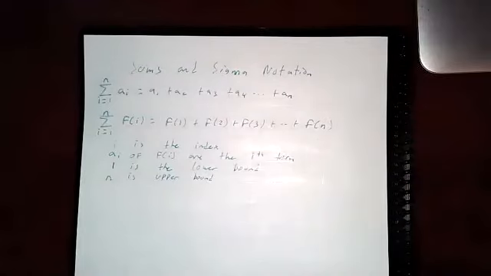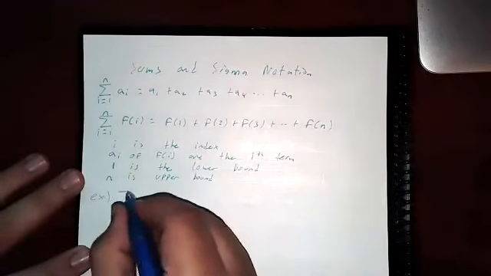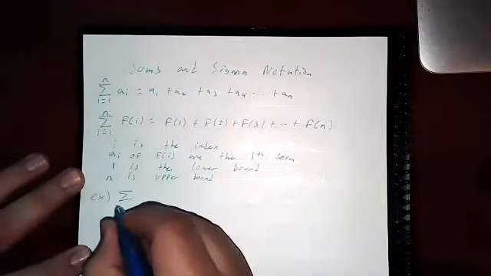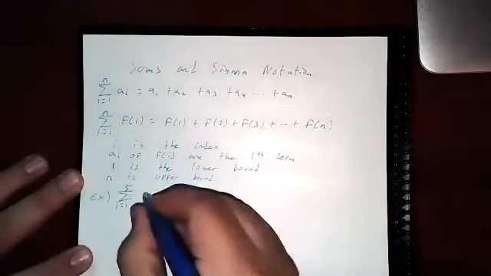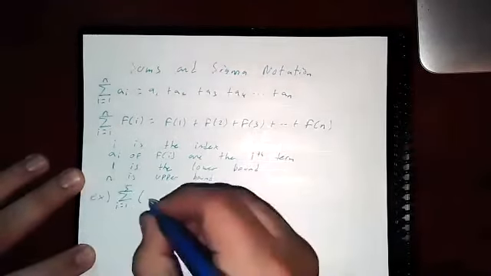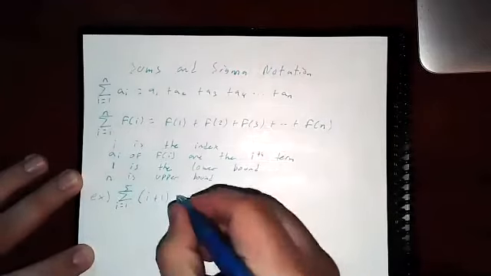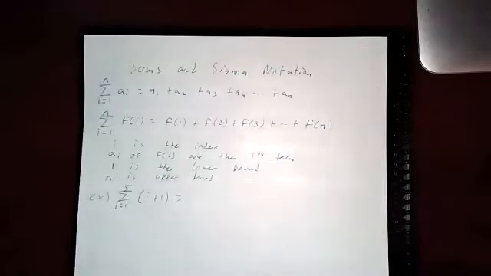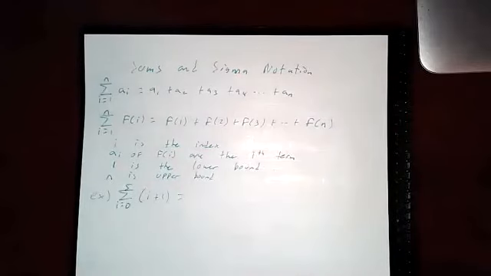So for example, let's do a couple examples to refresh our memory. The sum from i equals 1 all the way till 5 of i plus 1. So that means you would cycle from 1 all the way till, actually let's put 0, I guess. So cycle from 0 to 5.